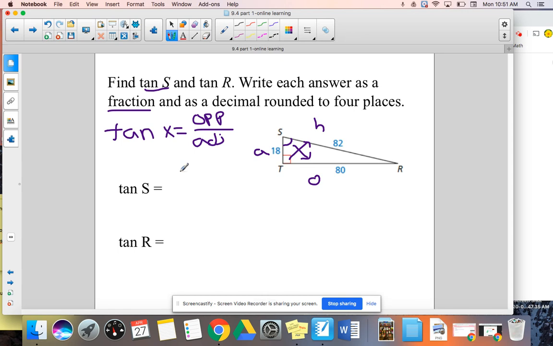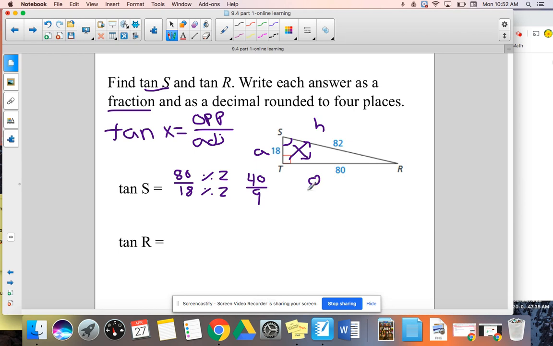The opposite side is 80 over the adjacent side, which is 18. Then that can reduce, so I'm going to divide the top and bottom by 2. That becomes 40 over 9. It also tells me that I need to round this to 4 decimal places.